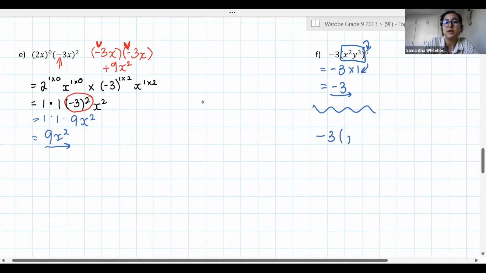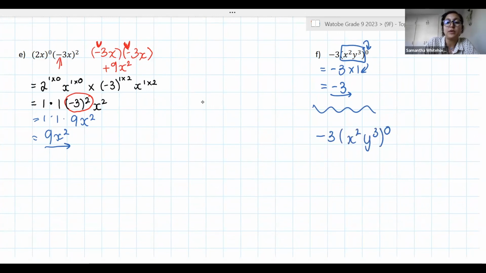Let's just write the whole thing out again. So we've got it all here. And we would now distribute the 0 to the exponents inside my bracket. So I would have -3 x to the power 2 times 0, y to the power 2 times 0. And we know that anything multiplied by 0 is 0. So x to the power 0, y to the power 0.